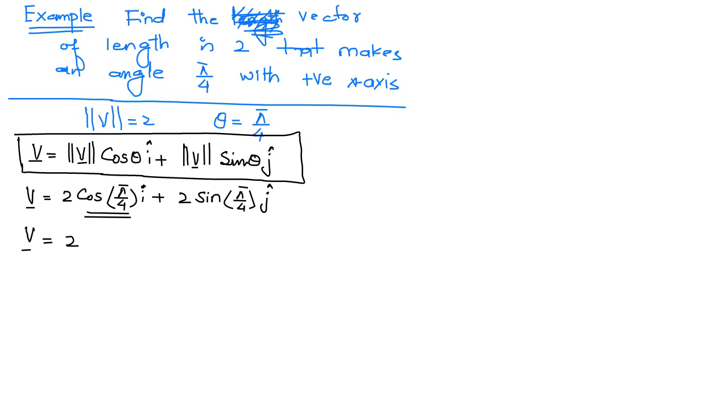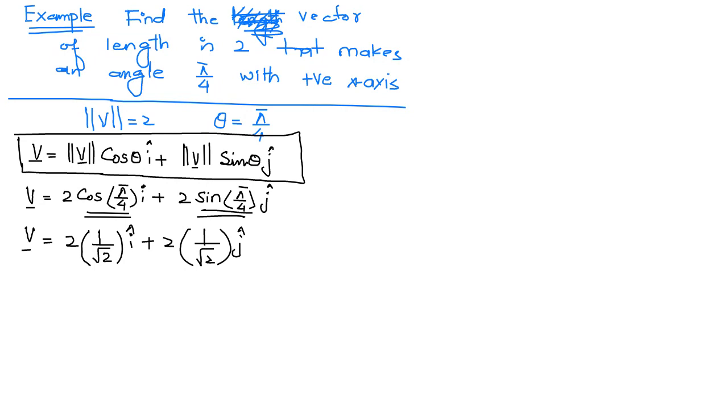Cosine pi by 4. What is cosine pi by 4? Not 1. Calculate from the calculator. Cosine pi by 4 is 1 over square root of 2. Then 2 into the same, sine pi by 4 is also 1 divided by square root of 2.